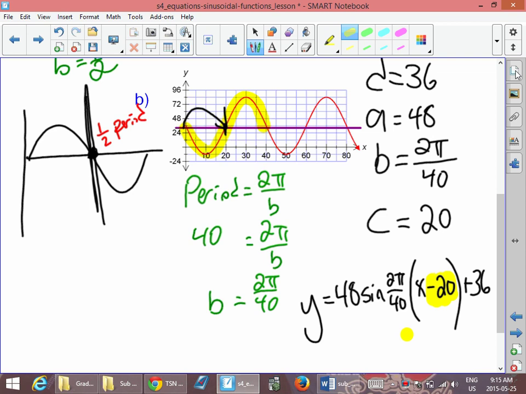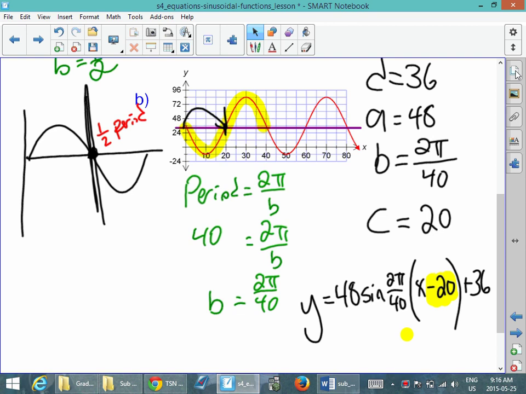That's all. So, a few takeaways here, just as we finish off this lesson. Unless you're otherwise told, you can use sine or cosine for any of these graphs. The only thing that's going to change is your c value. D, A, and B are going to all be the same. You should find D first, then A second, B third, and then C fourth.